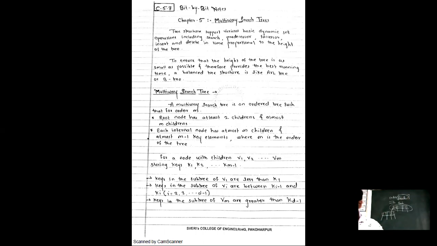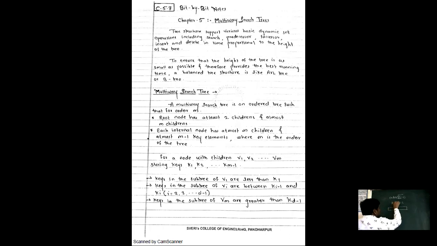Now suppose instead of 4, 5 is given to you. Then how many children are you able to consider for a single node, if the value of m is 5? I'm not talking about keys.